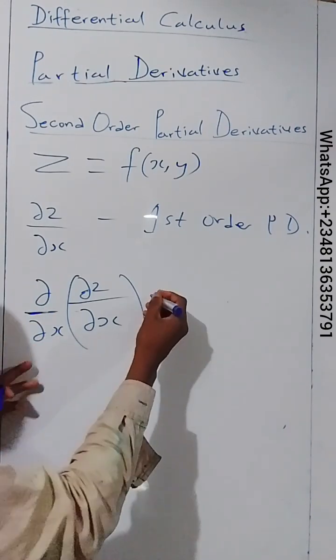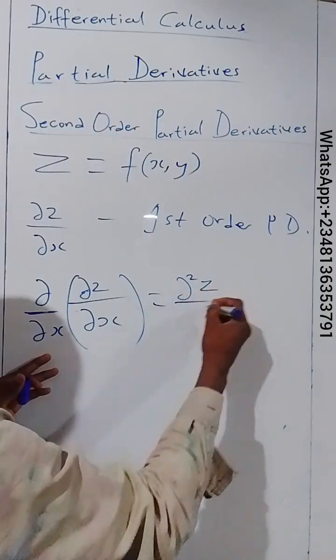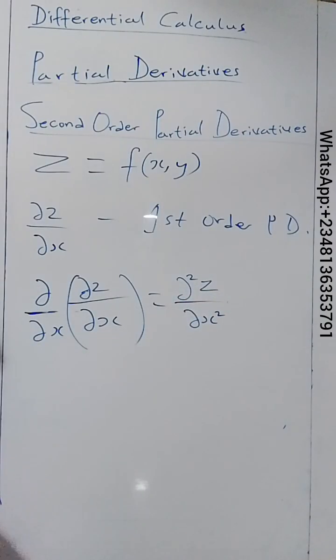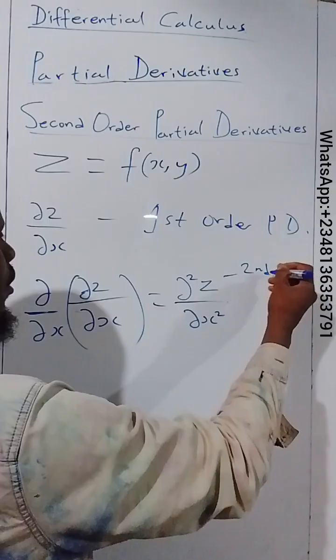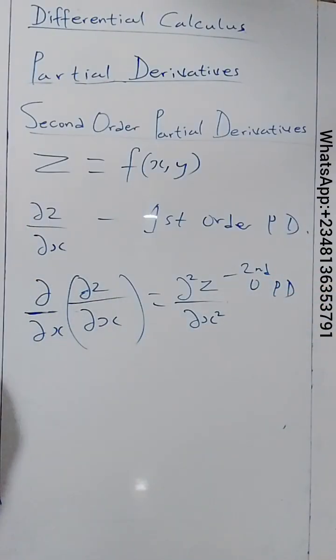In other words, this is equivalent to saying we have partial squared z over partial x squared. So what we have here is the second order partial derivative. This is one of the notations we use to represent second order partial derivative.